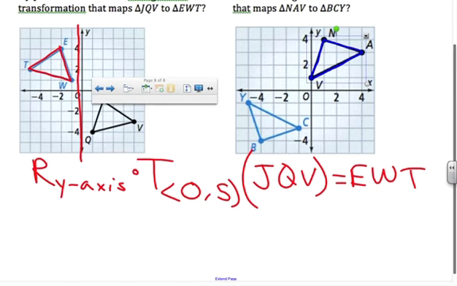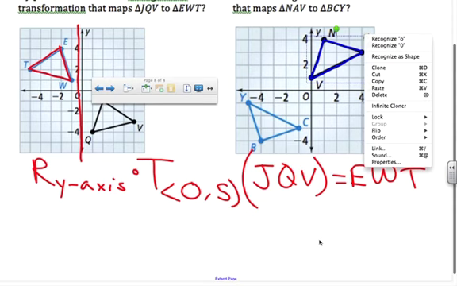And myself personally, I would take this and look at this triangle and the triangle that I'm trying to end up with. The last one we flipped over the y-axis, and this one we're going to flip it over the x-axis.